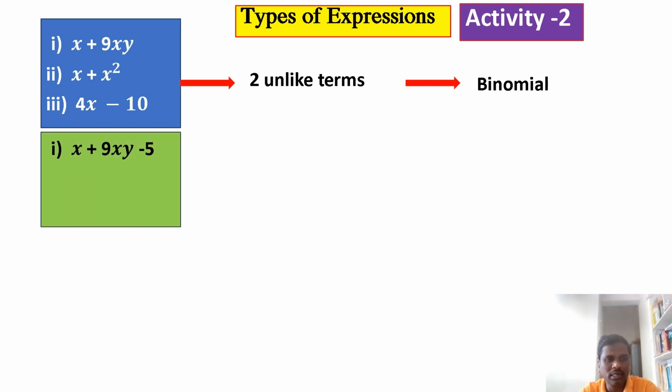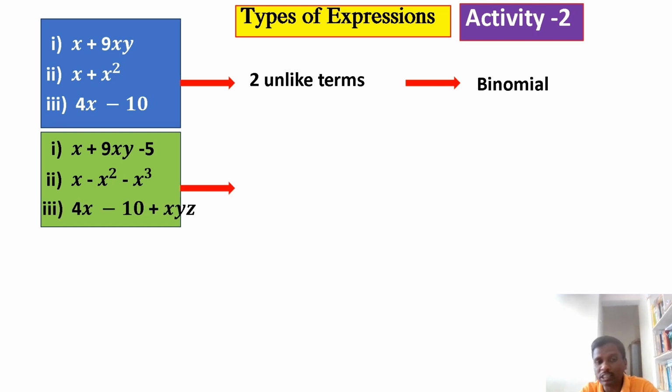And next, in the second one, x plus 9xy minus 5 has three terms, and the three terms are unlike terms. In the second case, x minus x square minus x cube, these are also unlike terms. In the third case, 4x minus 10 plus xyz, these are also unlike terms.